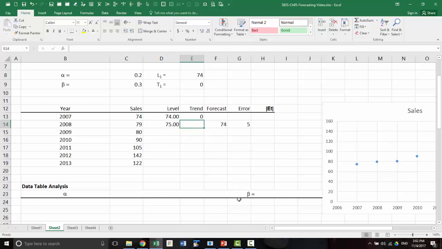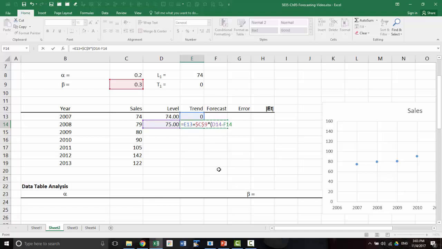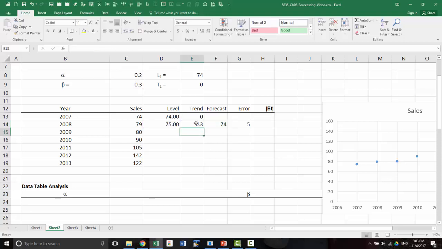And trend will be the previous trend plus beta, and again absolutely reference that, times the level minus the forecast. How much is the level different from the forecast, which is F14?